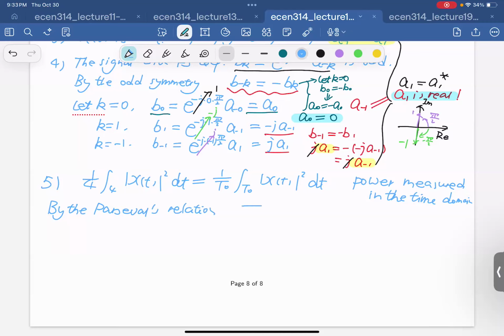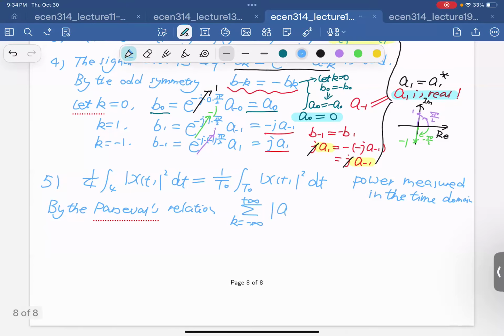We have the sum over all the frequency terms, and let's calculate the squared norm of the Fourier series coefficients. Okay, and in our case, we actually only have 3 terms due to property or clue 1.